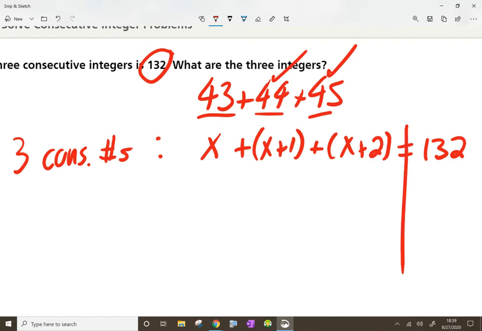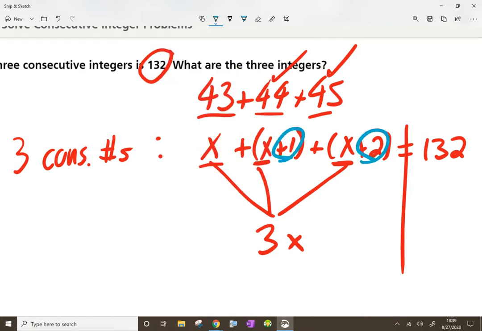Now, in order to do this, I'm going to combine all my x terms. So I have 1x plus 1x plus another x. When I combine this, that means I have 3 x's, so I'm going to combine those all to make 3x. And as far as the regular numbers go, I have a plus 1 and a plus 2.